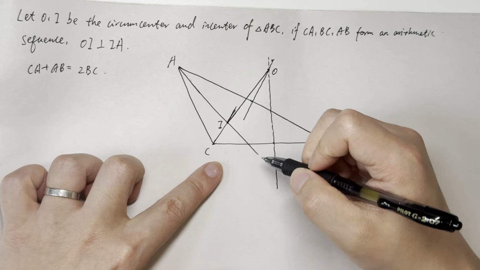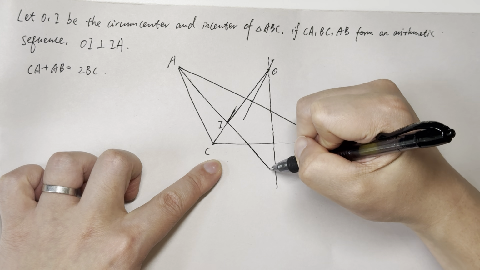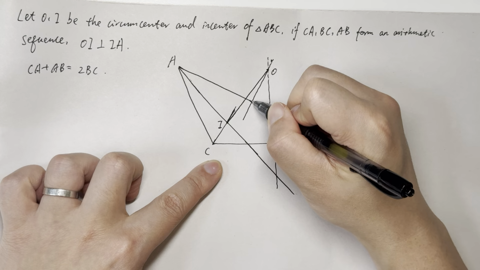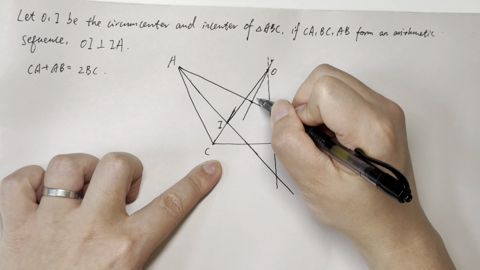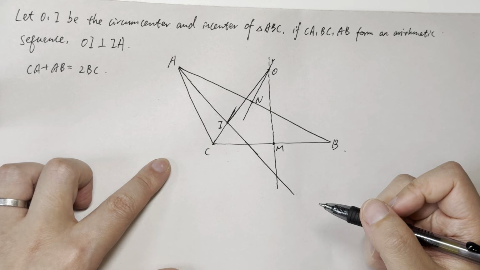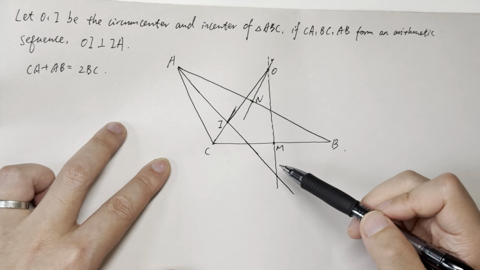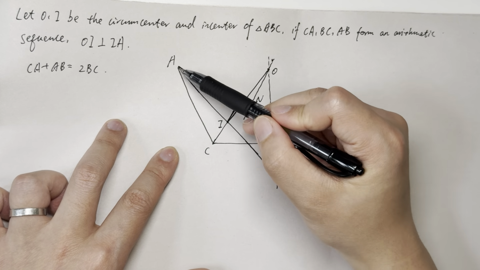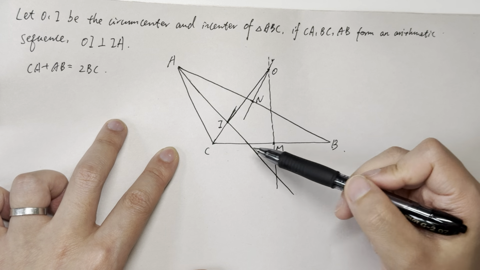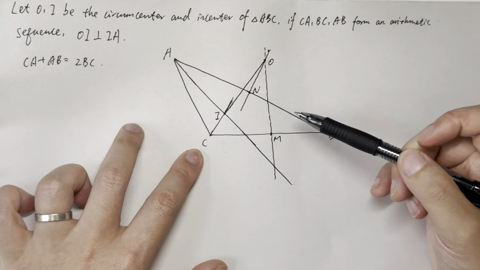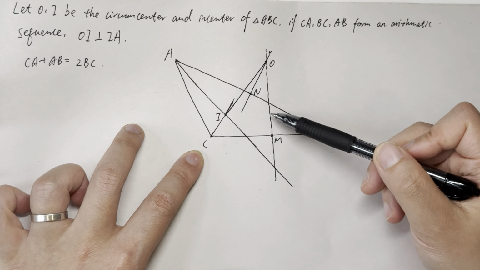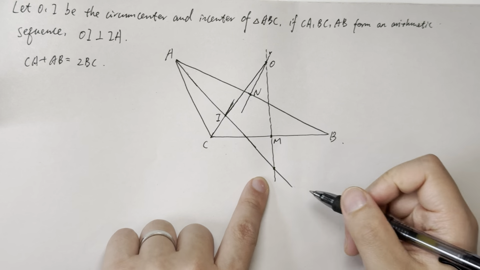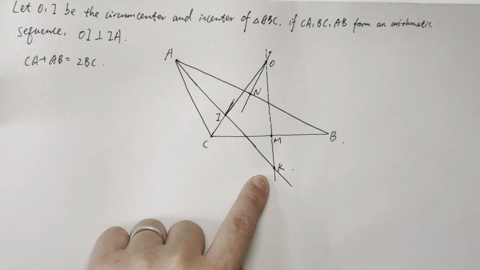So let's extend this one to here and call this point M. This is the midpoint, we call it N. And let's call the intersection point of the angle bisector of angle A and the perpendicular bisector of edge CB, OM and AI, point K. We will use this point.